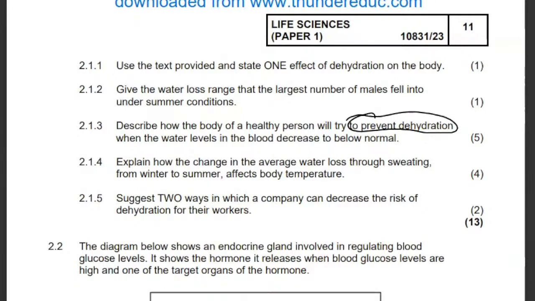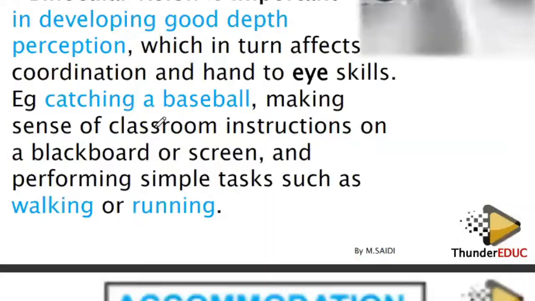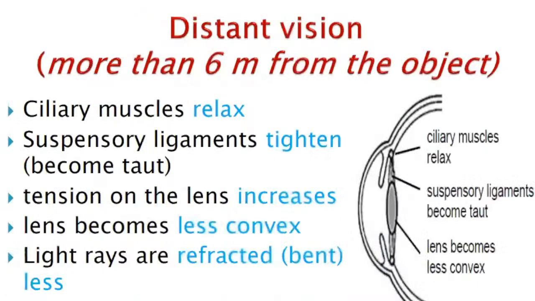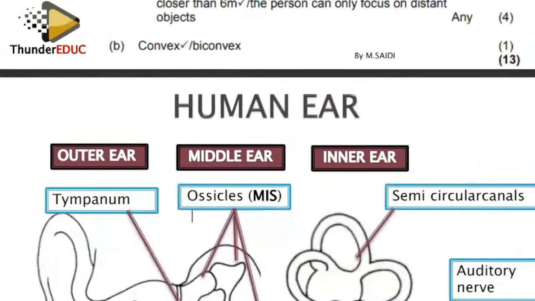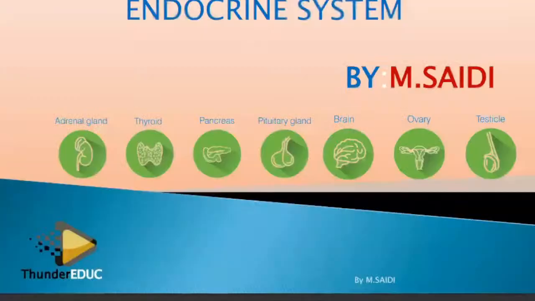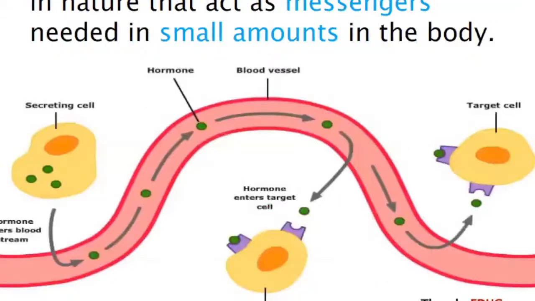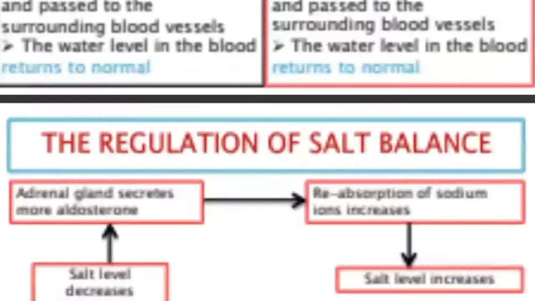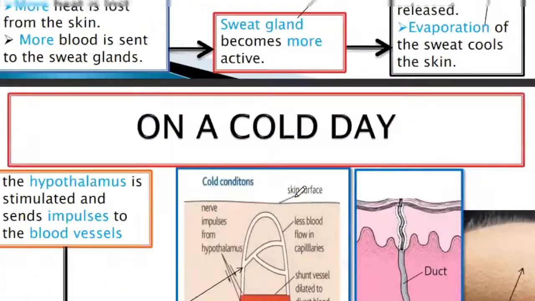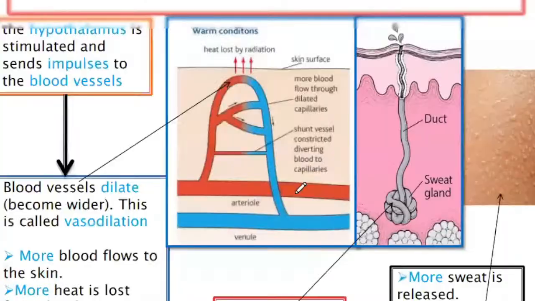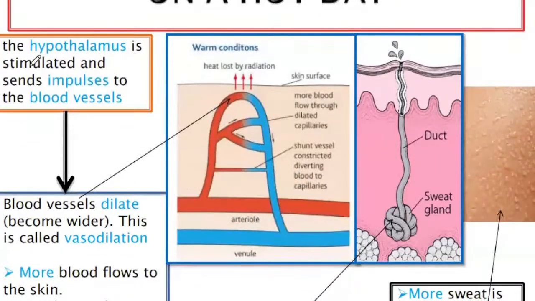If you check our distinction material book, you will always get the answer there. We covered it here in homeostasis. This is a cold day, and this is a hot day. The hypothalamus is stimulated and sends impulses to the blood vessels.